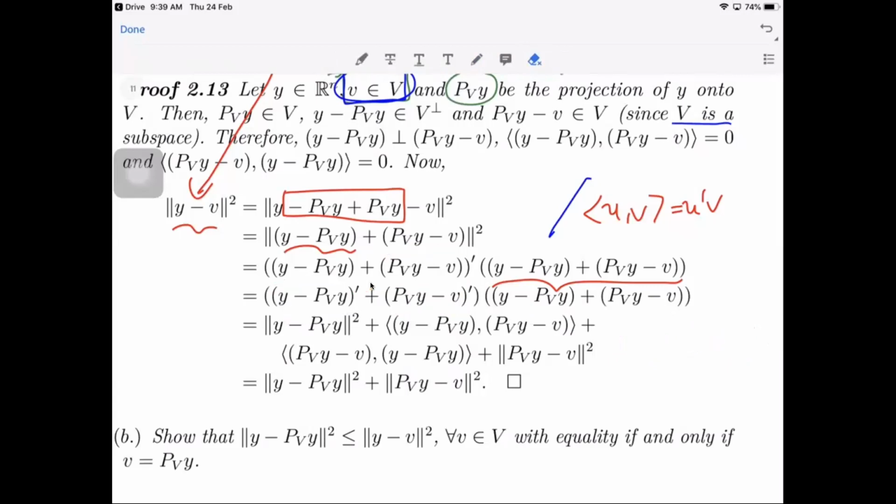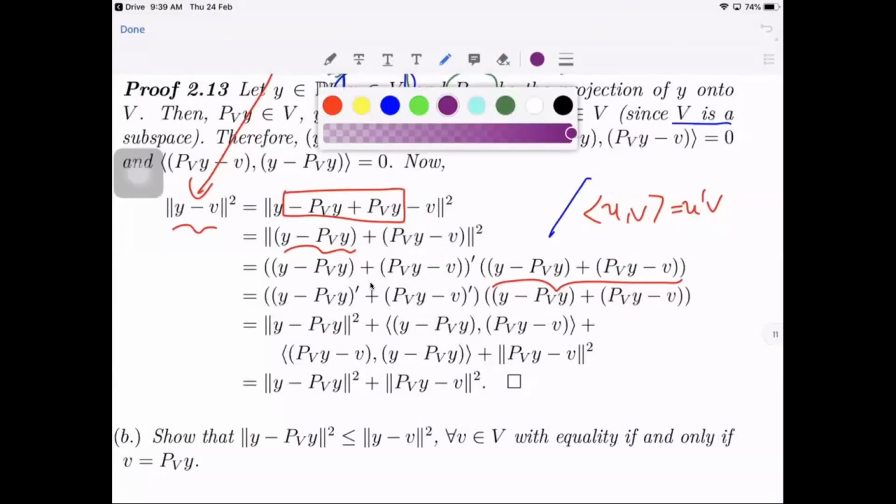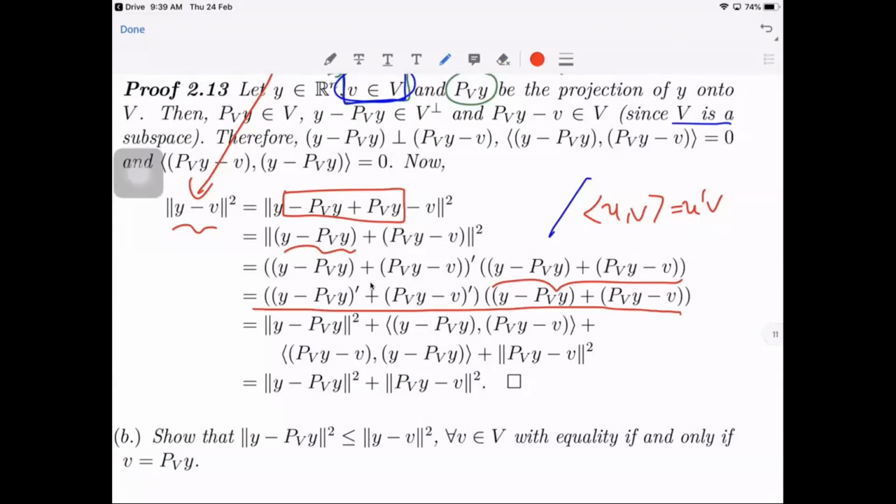So what happens from here to here? So this is just distributive property. So you have this. So this is Y minus the projection of Y onto V prime, Y minus the projection of Y onto V. That is your square norm. Ang kinipod na part, projection of Y onto V minus v prime, projection of Y onto V minus v, this is the square norm of the projection of Y onto V minus v.